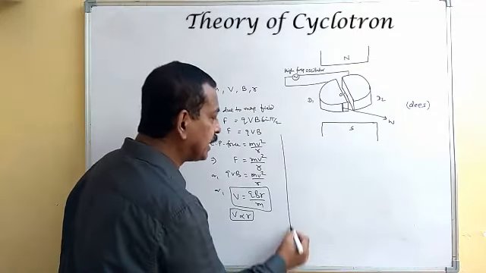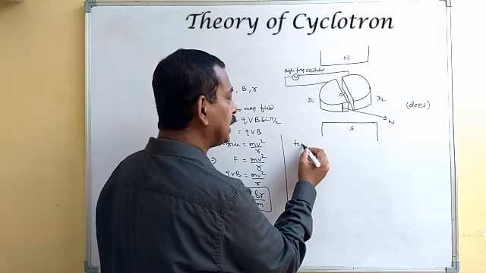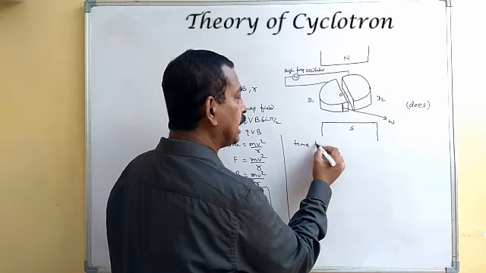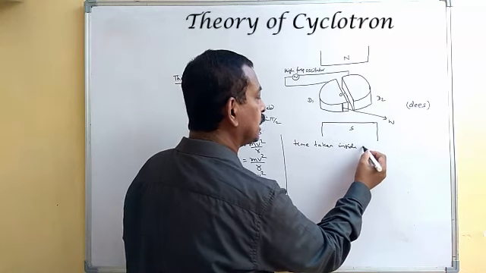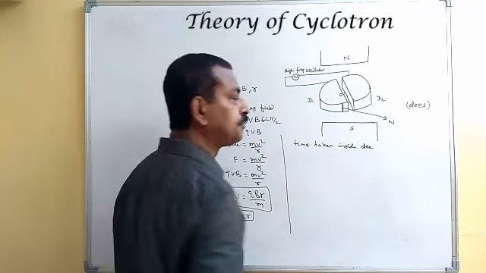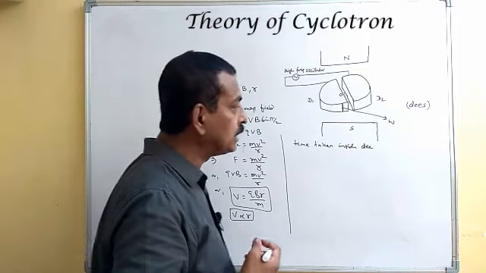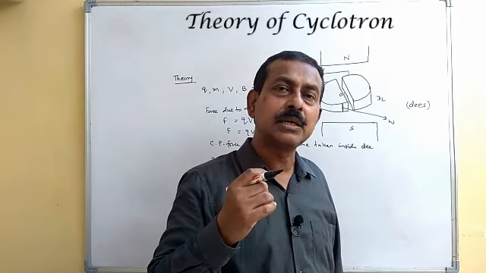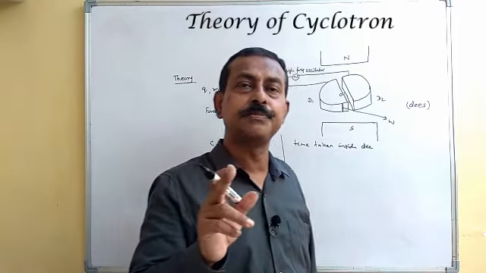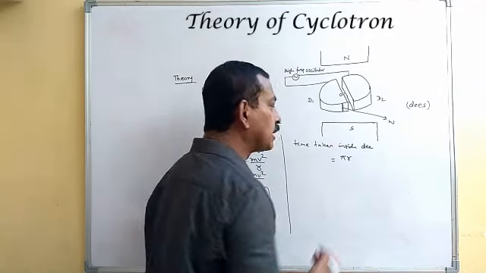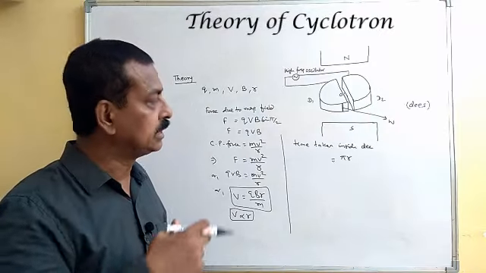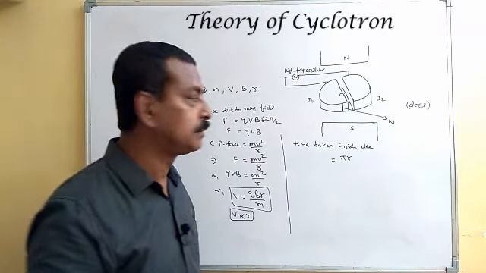Now let's take the time taken inside D. How will you find that? What is the length of the path described? Length of the path inside the D is pi r, because it is describing a semicircular path.